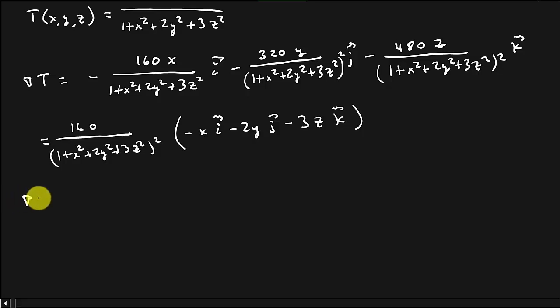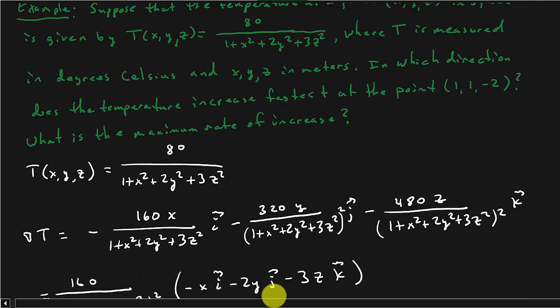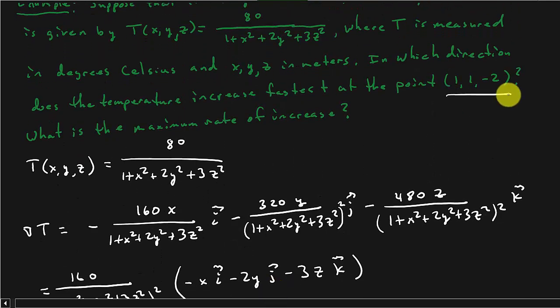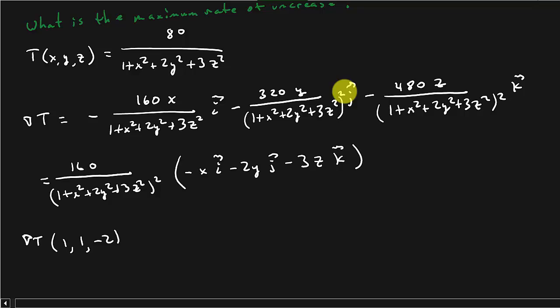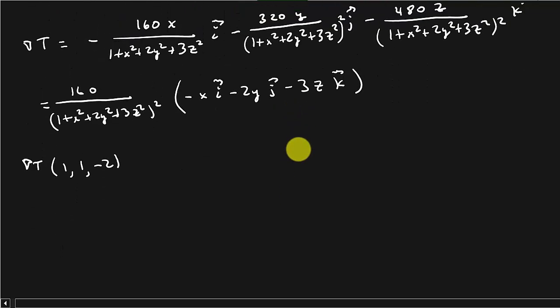So now we can get the gradient of T at the point (1, 1, negative 2). Let's find that.